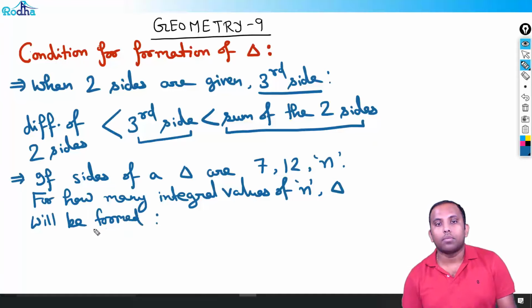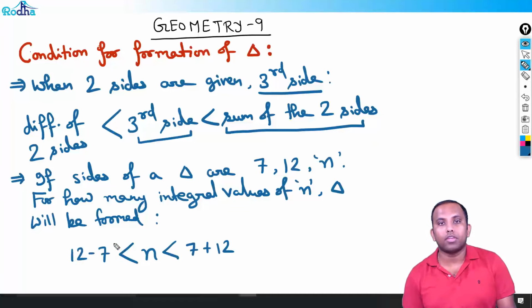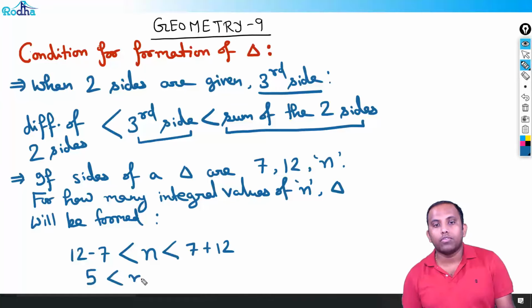That means n should always be less than the sum of the two sides, that is 7 plus 12, 19, and n should always be greater than the difference of the two sides, that is 12 minus 7. Don't take 7 minus 12, because this difference cannot be negative; it is always positive. So 12 minus 7 is 5. So n is between 5 and 19.